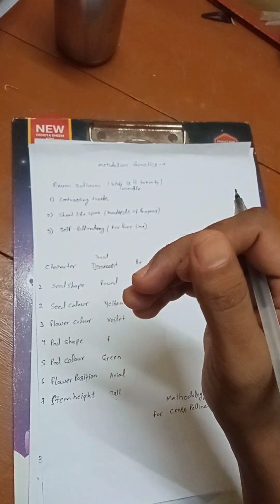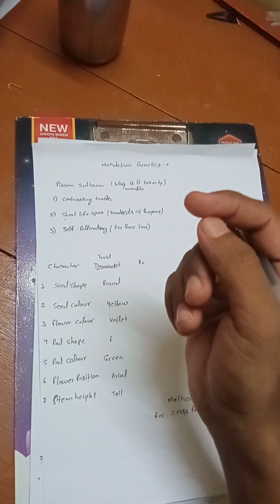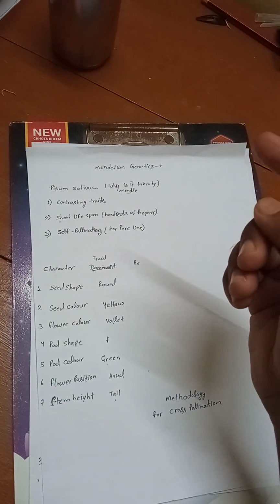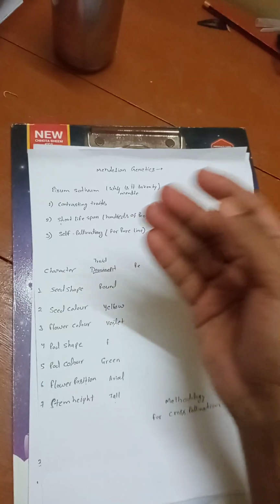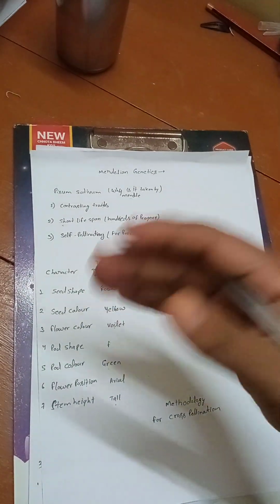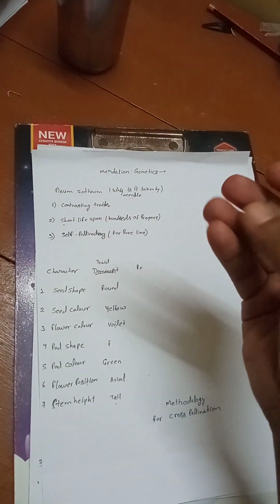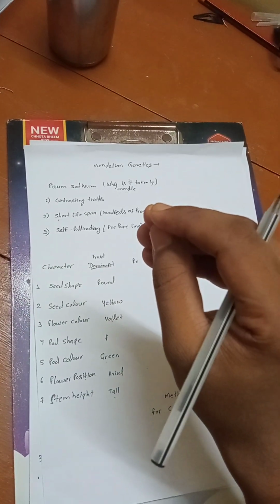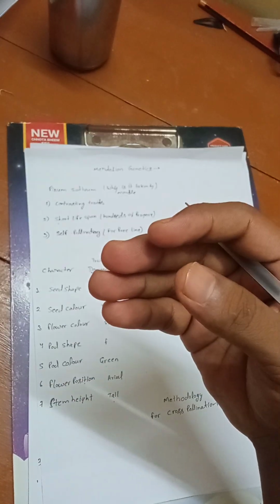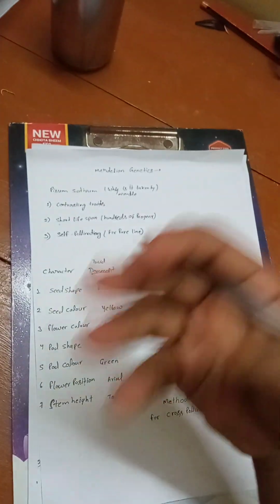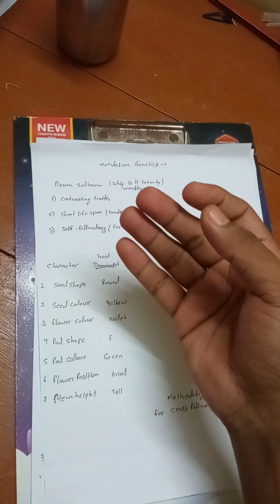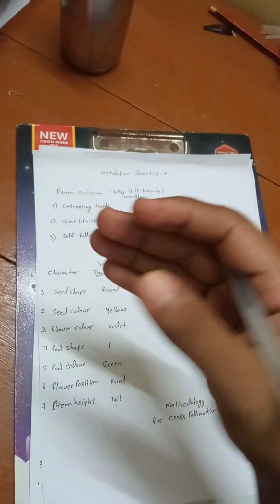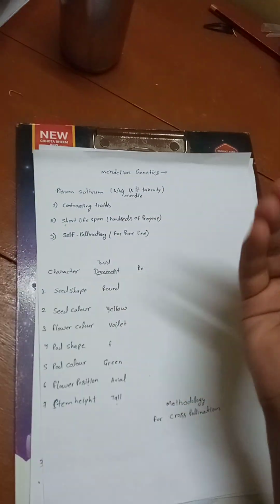So Mendel could see only one generation of banyan tree in his whole life span, and could not study the characteristics and the variations. That's why Mendel chose the short life span plant, for knowing the characteristics of multiple generations of the pea plant.